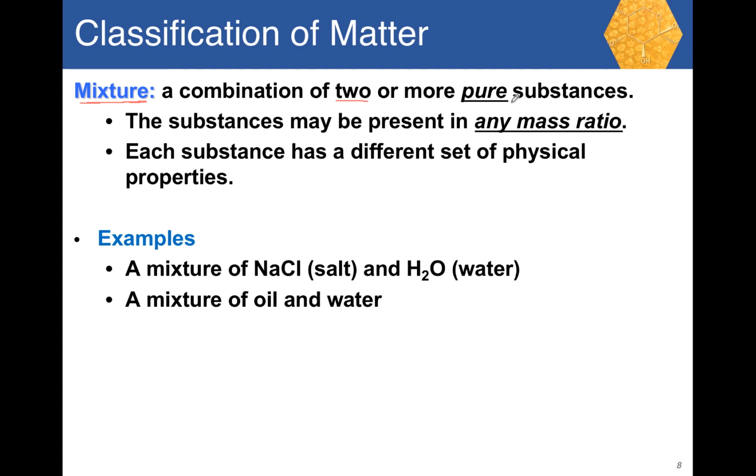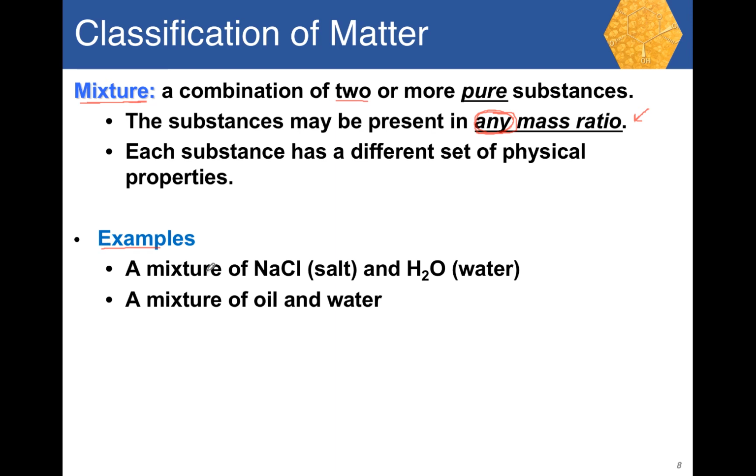Same as before. But notice here, there's a criterion that's different. It may be present in any ratio. Notice it's not fixed, any ratio. And each substance has different physical properties. But the main thing is right here. The ratio is not fixed.